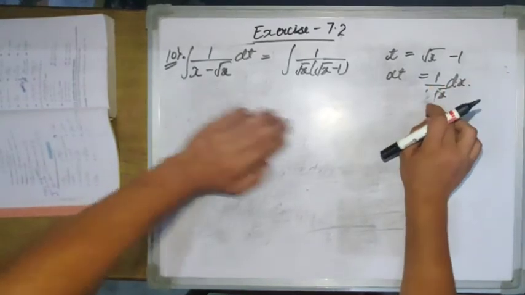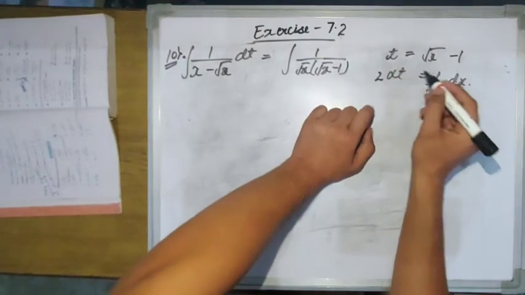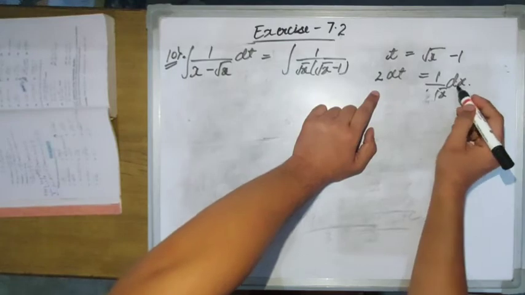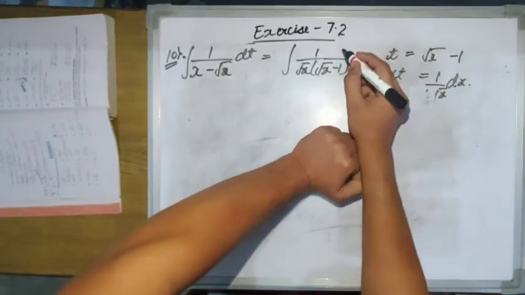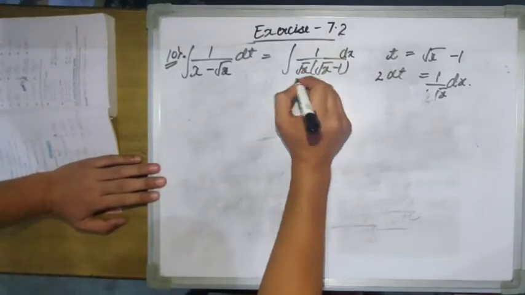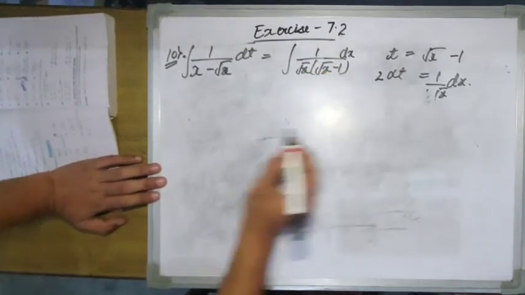Taking this 2 to the left hand side in the multiplication, we have 1 upon root x into dx equals 2 dt. Forgot to write dx here. Now the value of 1 upon root x dx is 2 dt.